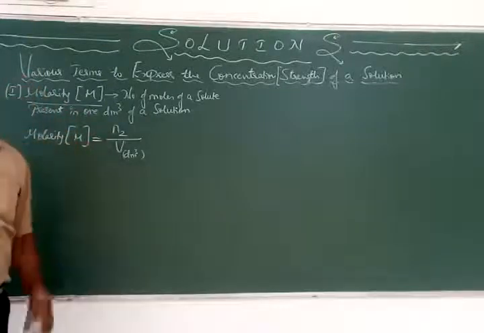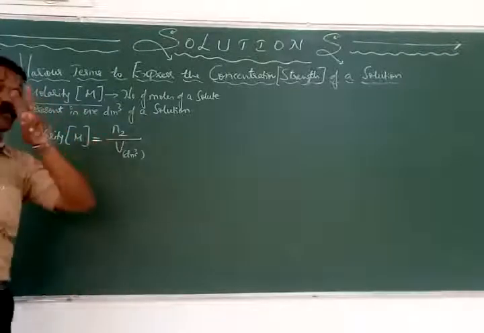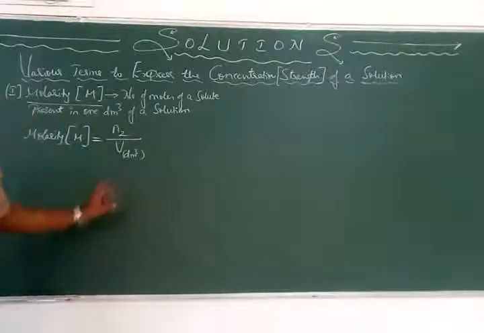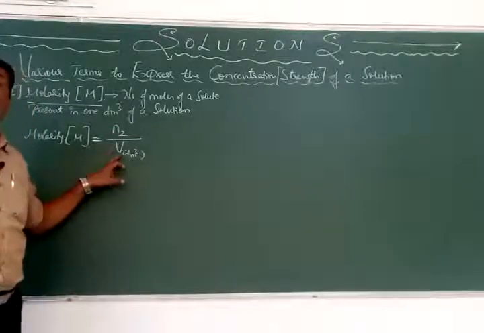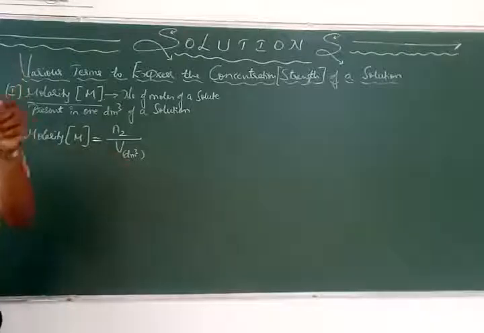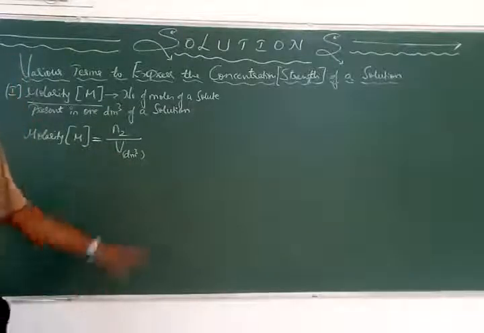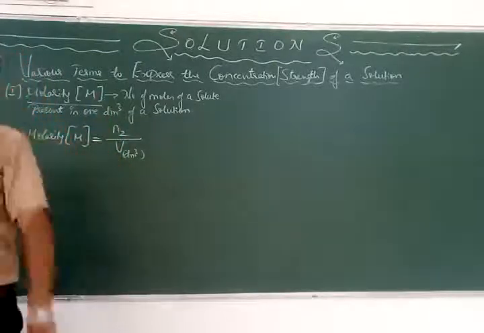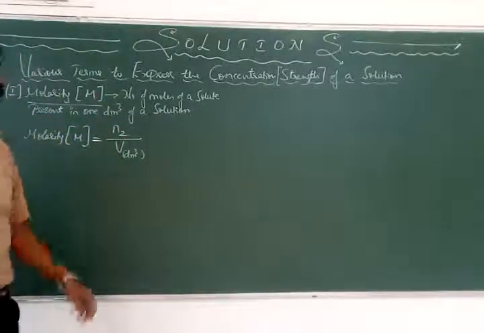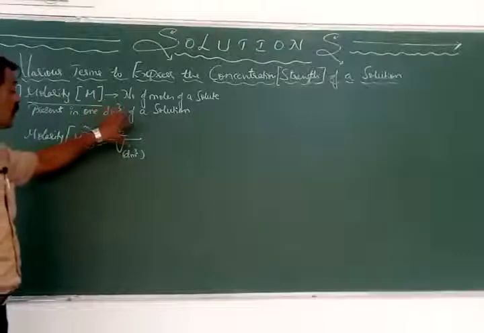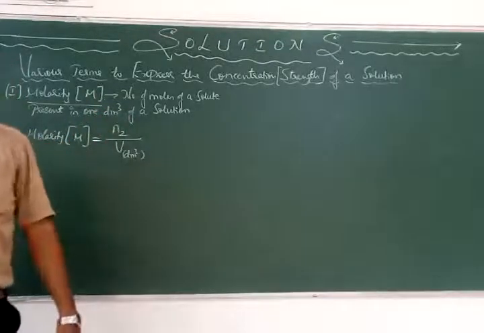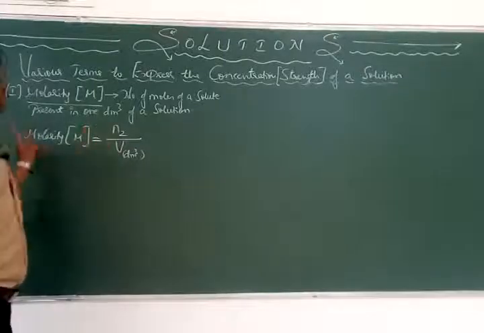N refers to the number of moles and the subscript 2 refers to the solute. V with no subscript means the volume of the solution, expressed in decimeter cube, or sometimes liter also. Means the number of moles of a solute dissolved in exactly 1 dm cube of the given solution is called the molarity.